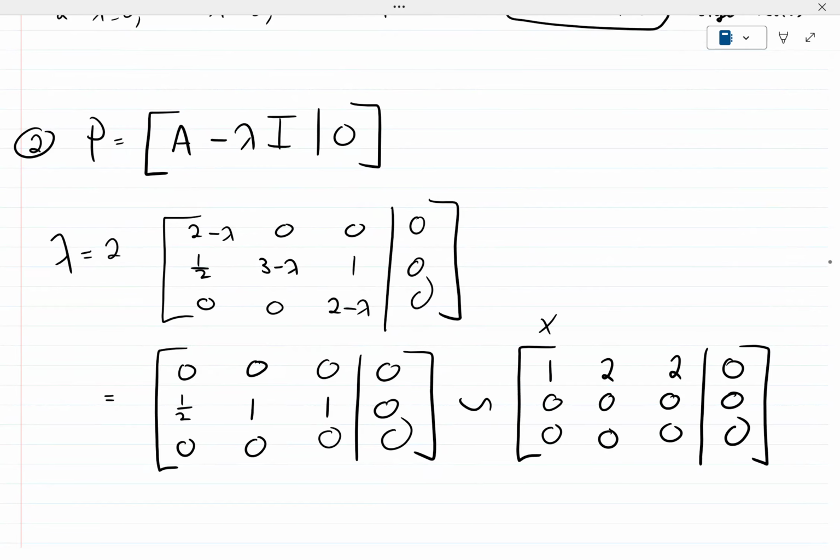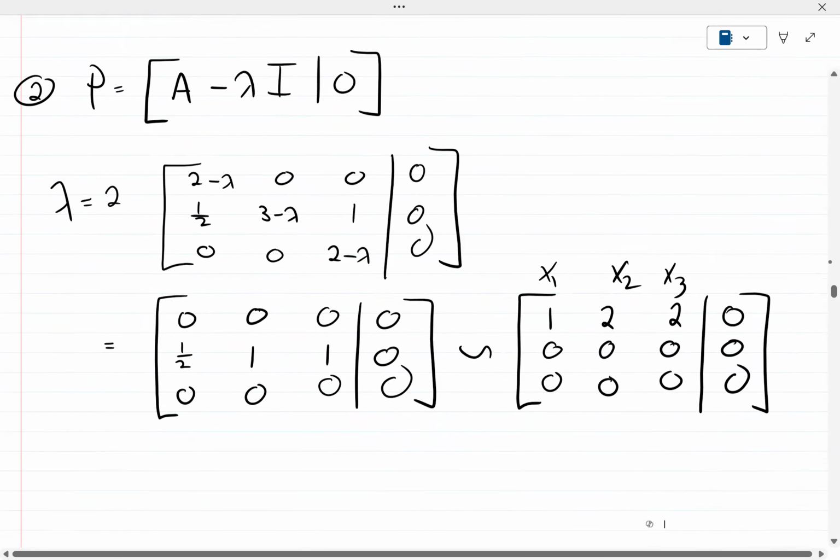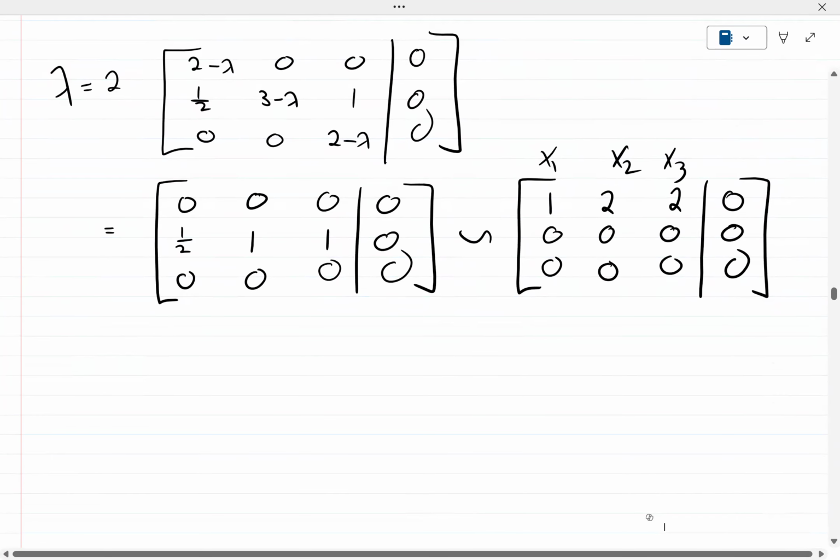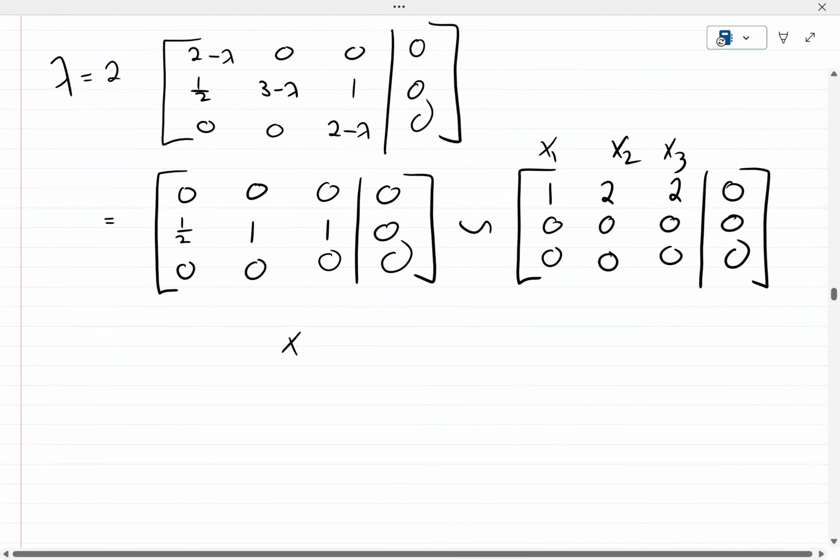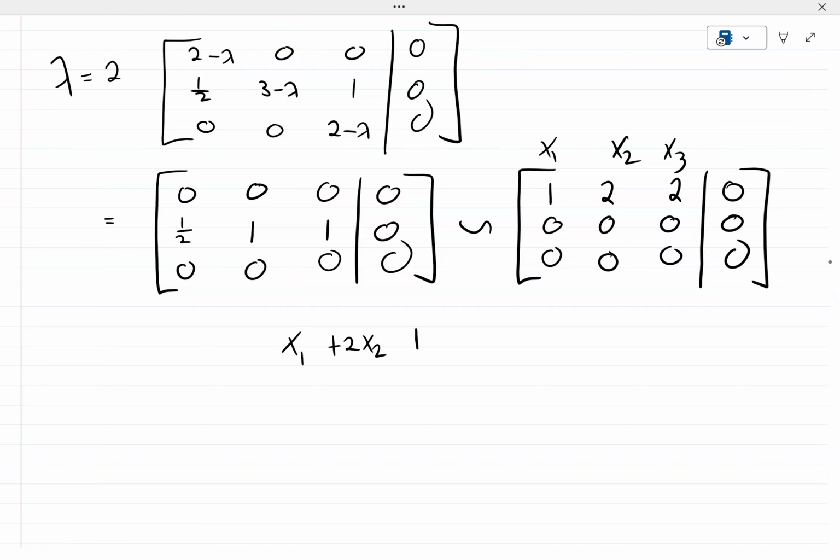Okay, so this is my x1, x2, x3. This is going to be x1 plus 2x2 plus 2x3 equals 0.